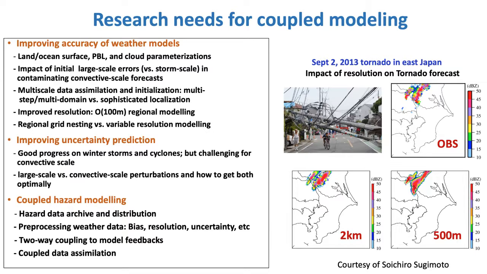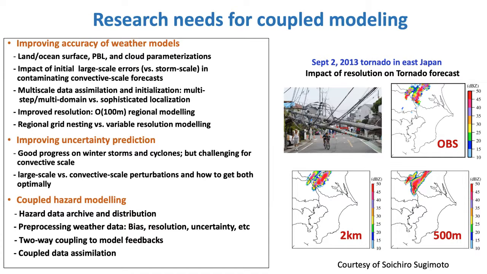The first one is, of course, we still need to improve the accuracy of weather models. In order to do that, there are at least 5 topics. I think these are all very important in order to improve the accuracy of weather models such that these forecasts are useful to drive the hazard modeling.